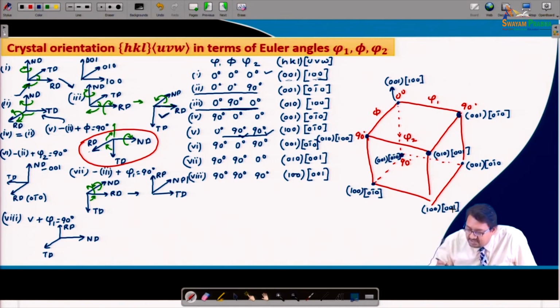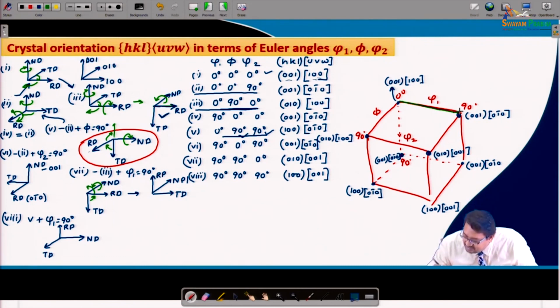Now, just to tell you here, it is very important to know that when we are giving the rotation along this phi 1 angle, the rotation is basically along ND. So, the ND component will not change. The component that will change is the RD, and therefore, this kind of a fiber which goes from here, let me show by color, say from here to here is basically known as the ND fiber.